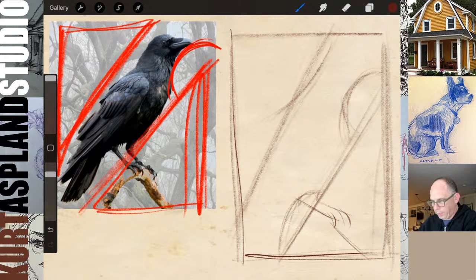Branches coming in from the bottom, and okay, it's kind of circling around there. Look at that. And then I'm going to thicken it up just a little bit, just like that.